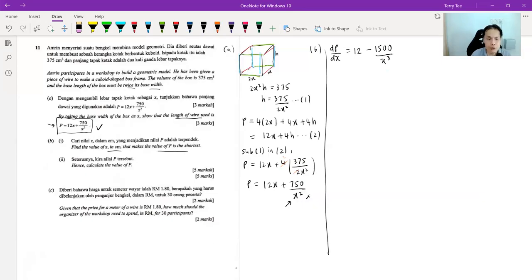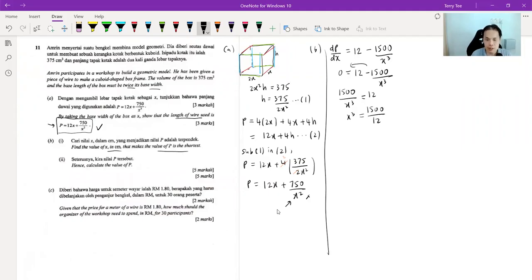Now that I've differentiated this, we know maximum or minimum happens when your dy/dx, or in this case dP/dx, is 0. So I let this be 0. What we can do is multiply everybody by x cubed, or you can bring the 1,500 over, since this is negative. I bring it over, it becomes positive. Bring the x cubed up, bring the 12 down. x cubed is 1,500 divided by 12.